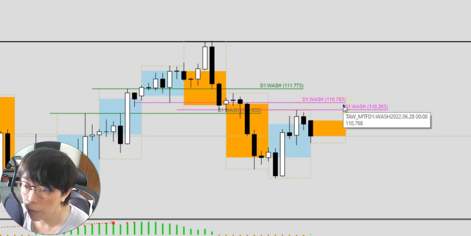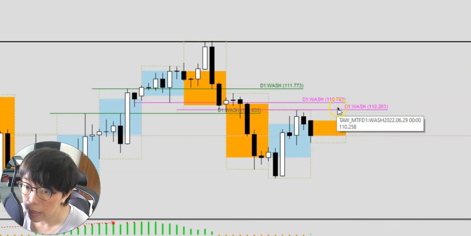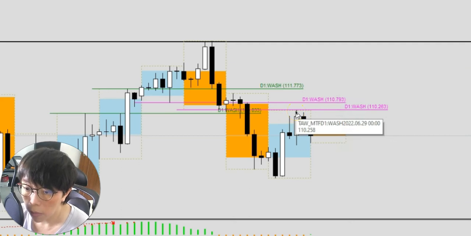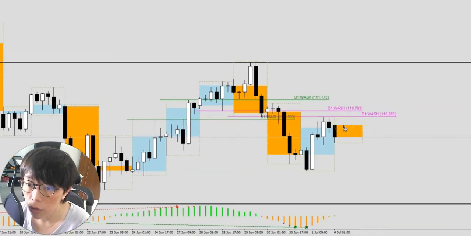Perhaps you want to put it at 111, or at 110.90. So you can put 900 points, which is 90 cents above your entry price. So we have the sell limit at 110, and your stop loss would be 110.90. That's 900 points.